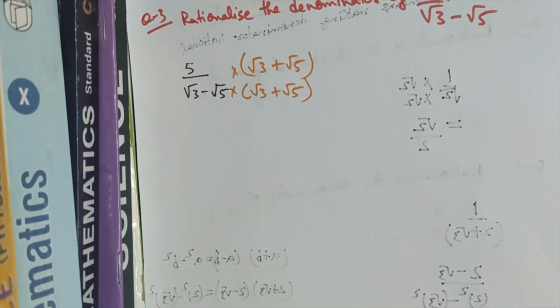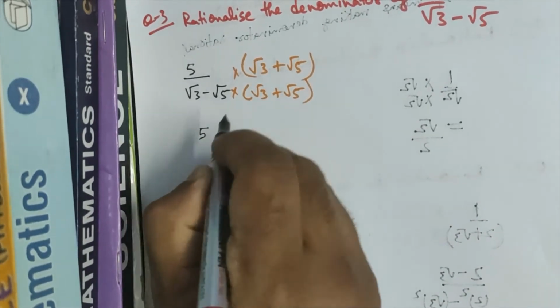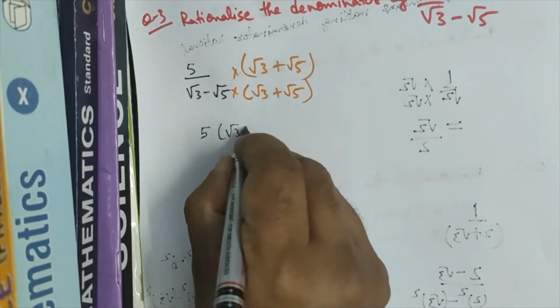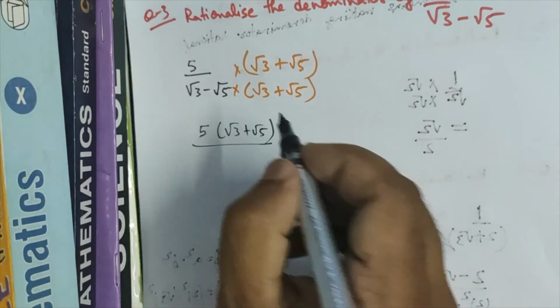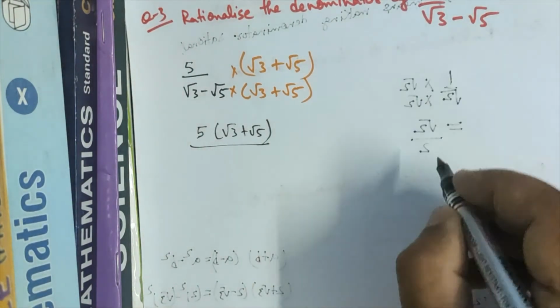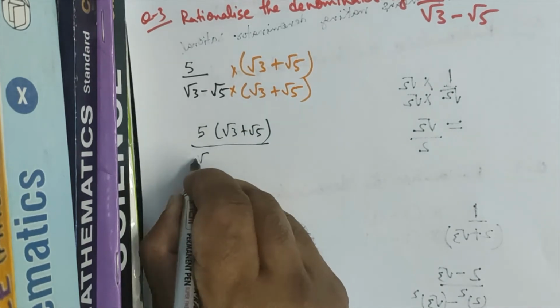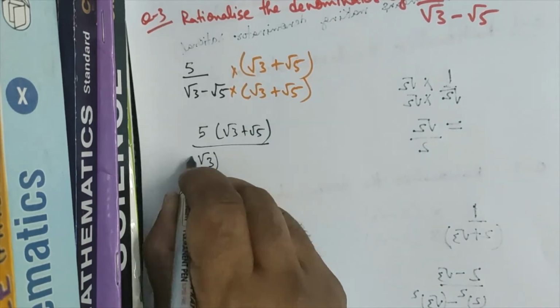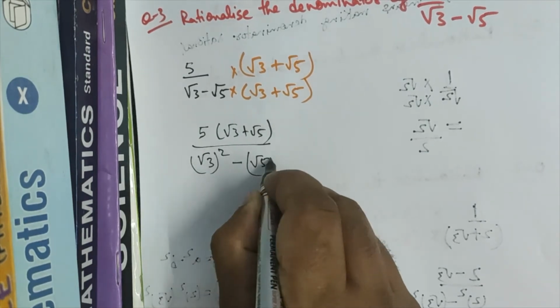So it will be equal to 5 into (root 3 plus root 5) written as such, and (root 3 minus root 5) into (root 3 plus root 5) will be what? (a plus b)(a minus b) is a square, that is root 3 square, minus b square, that is root 5 square.